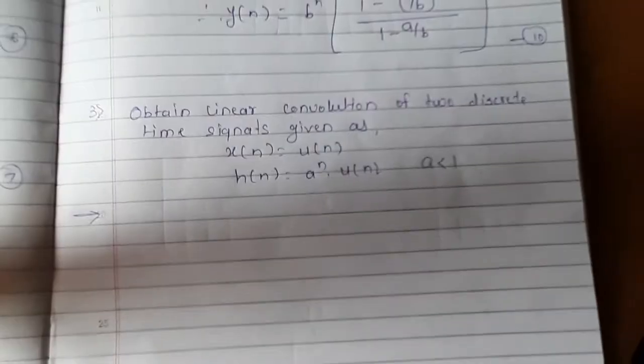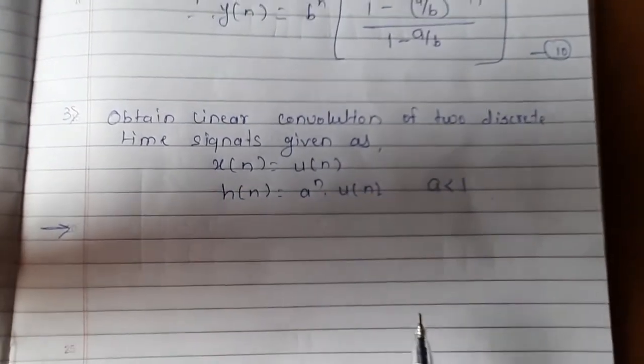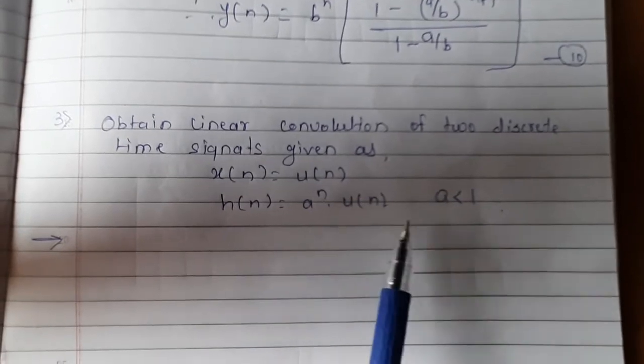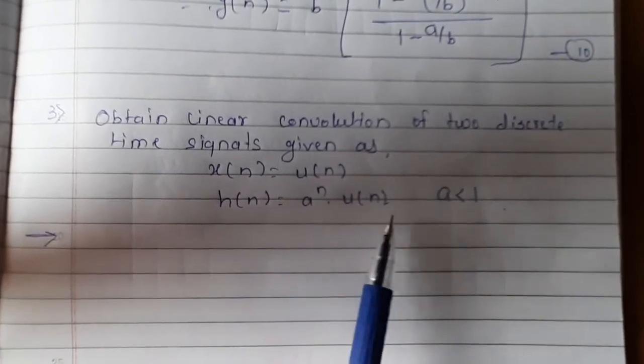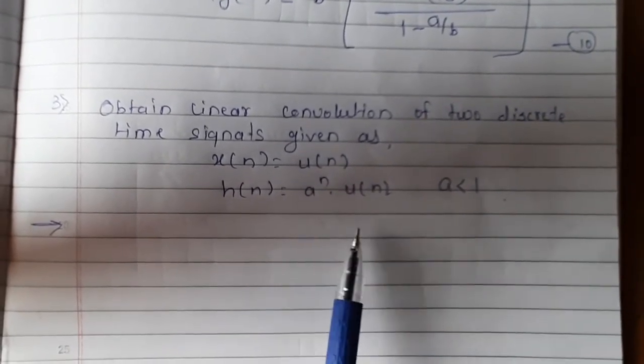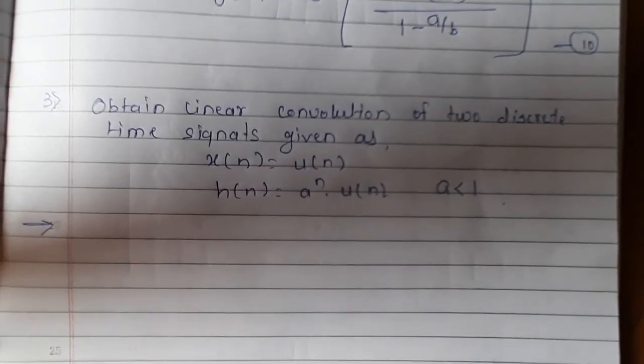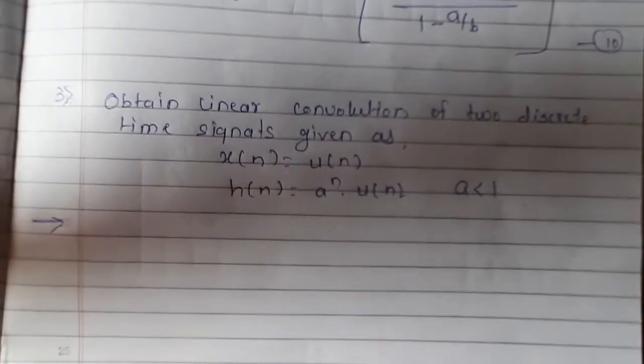Okay. Next, obtain linear convolution of two discrete time signals given as x of n is equal to u of n and h of n is equal to a raised to n u of n, a less than 1. Now what is given?